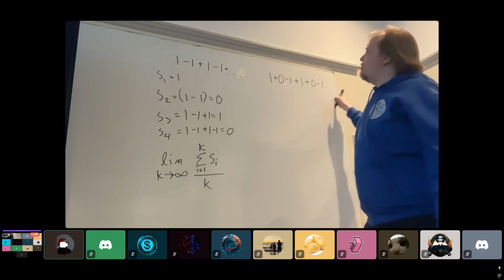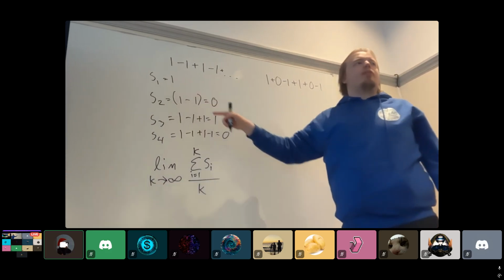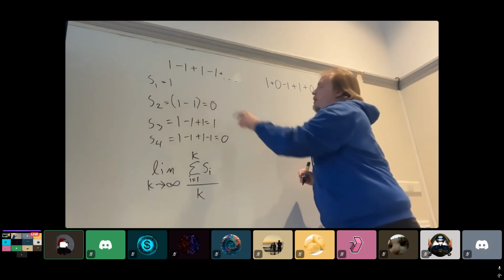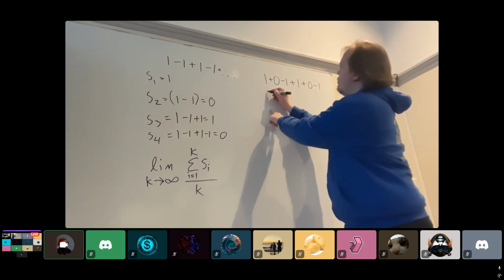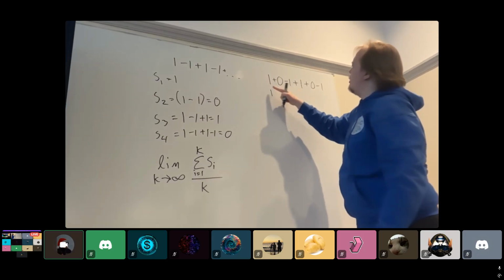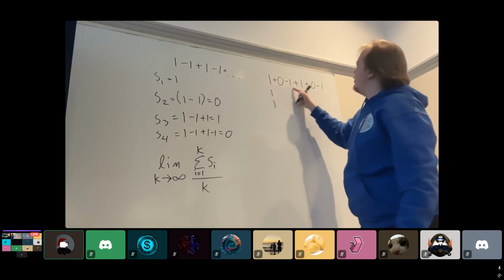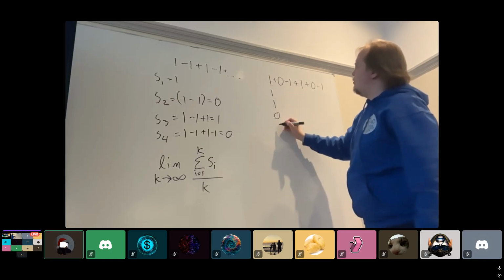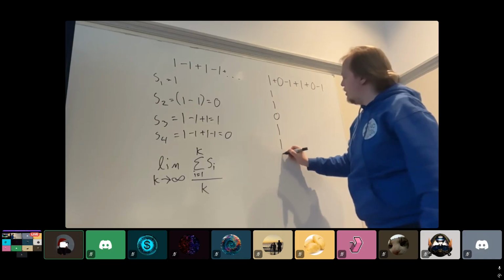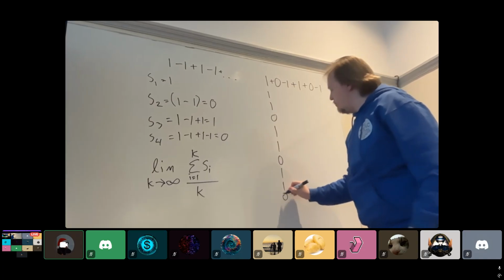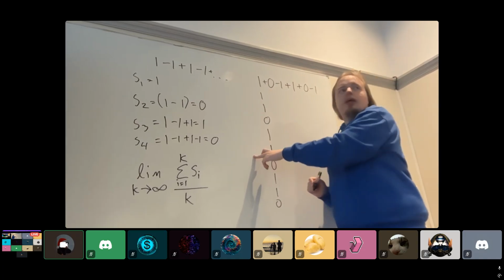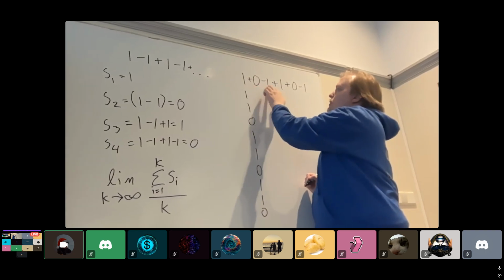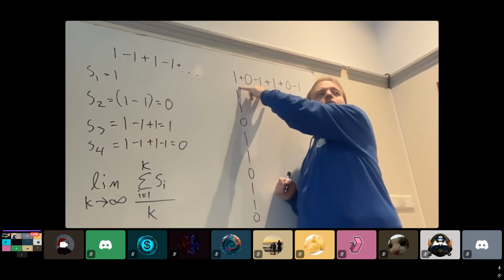Turns out that if you were to write down these prefix sums, then they will become periodic. So let me write it down here: it's 1, then 1, then 0, and then the next prefix sums are 1, 1, 0, 1, 1, 0. So these are periodic if and only if the sum of a period is 0.